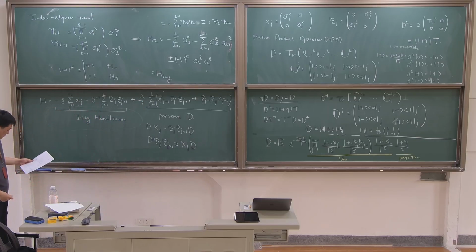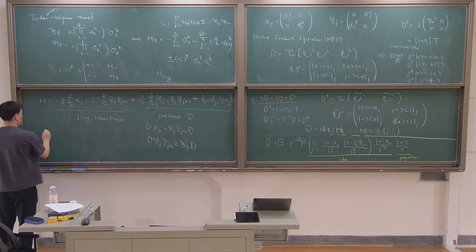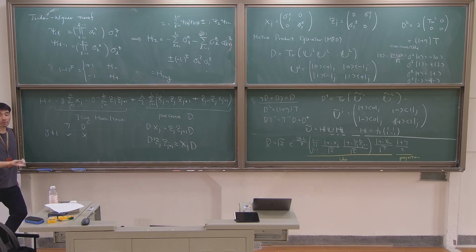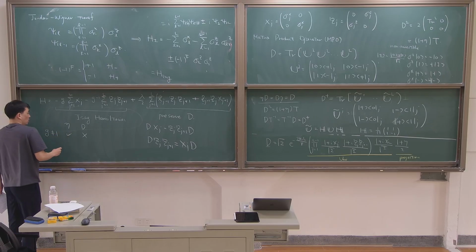When G is not equal to 1, you have a symmetry operator, but D does not exist. D is the Kramers-Wannier transformation that only exists at G equal to 1, because otherwise you just go from low temperature to high temperature. So it's not a symmetry. If G is not equal to 1, there is no D as a symmetry.